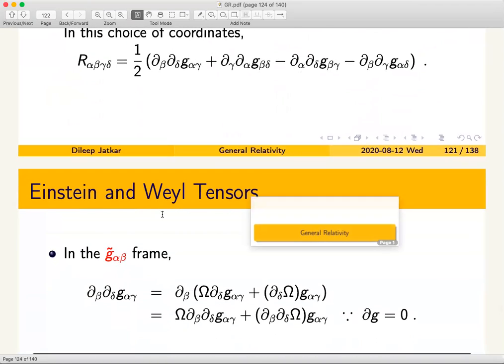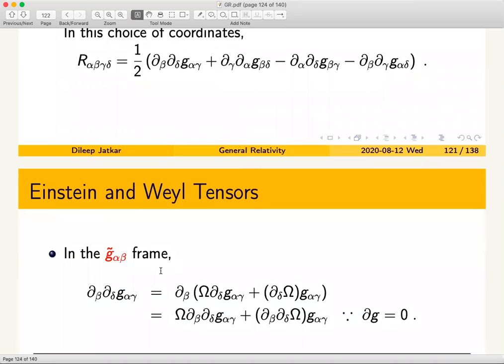So if you write this in the G tilde frame, I should write a G tilde here: del beta del delta of G tilde alpha gamma.